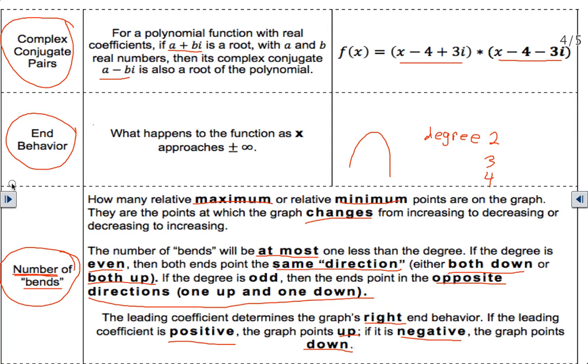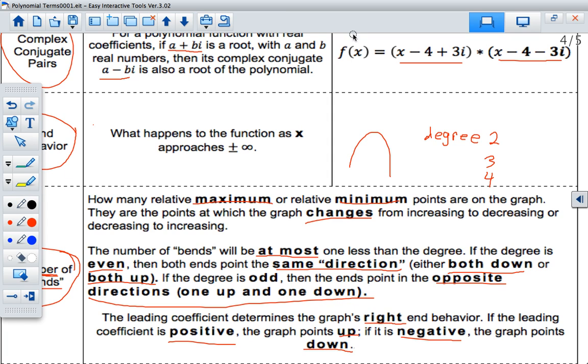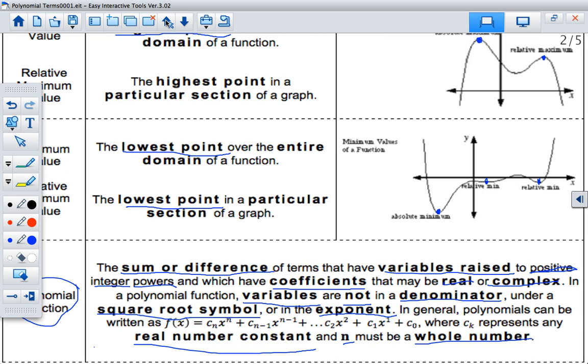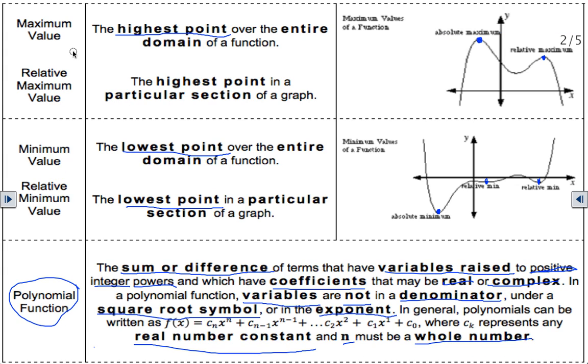Maybe you might want to go ahead and put this one in your Unit 4 notes as well, instead of in the vocabulary terms. So number of bends, put that in your Unit 4 notes instead of the dictionary portion. End behavior can go in the dictionary portion. Conjugate pairs can go with the C's. Let's see what else. All these others, just go ahead and put them in the dictionary.